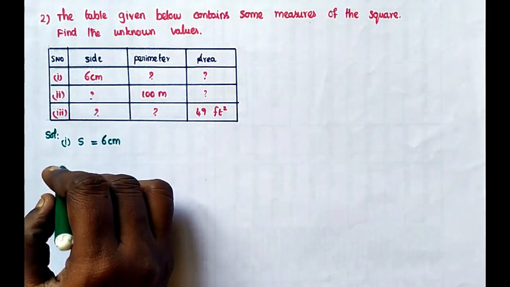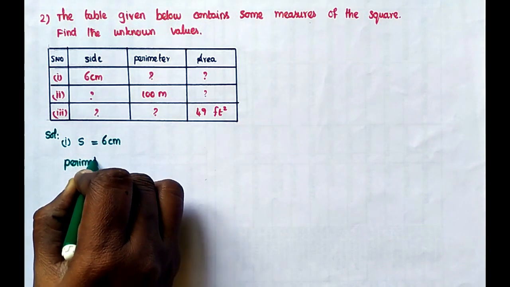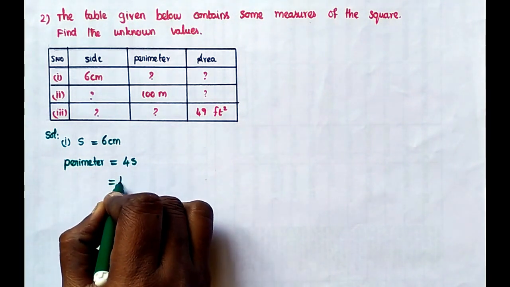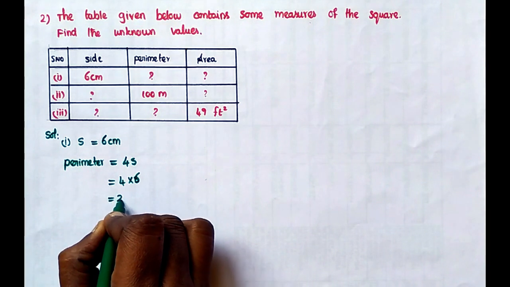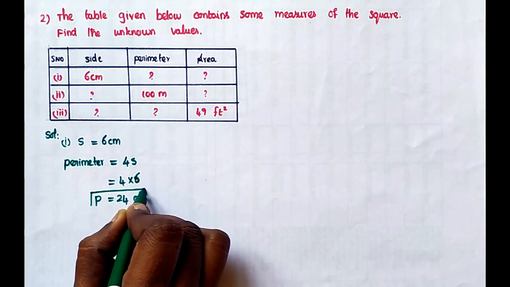What's the perimeter formula? 4s. So 4 into 6, that is 24 centimeter, that is perimeter.